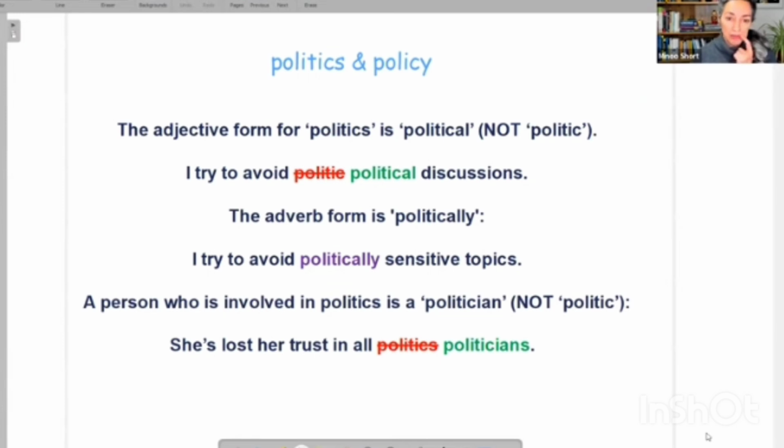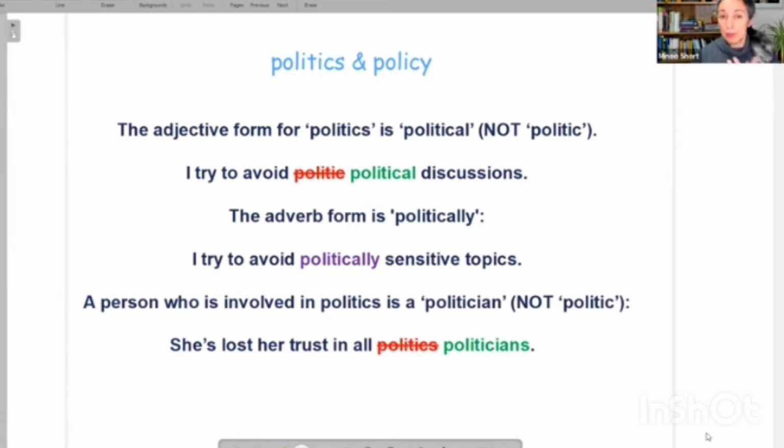The adjective form of politics is political, not politic. The word politic doesn't exist. Unlike economic, classic, and historic, this word doesn't exist in English. So don't use it. For example, don't say, I try to avoid politic discussions. It's always, I try to avoid political discussions. It's the only adjective form for this word, politics.